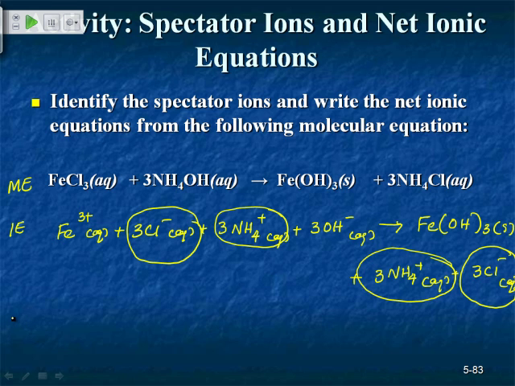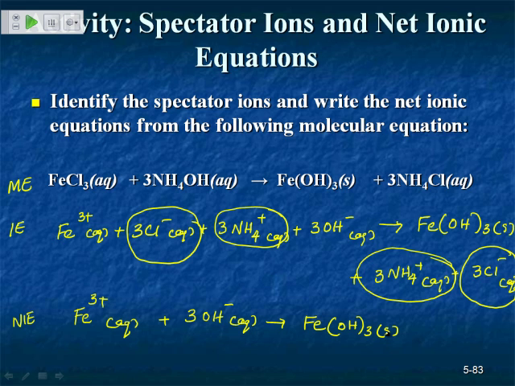So eliminating them will give me my net ionic equation, which would be Fe3+ (aq) and 3 OH- (aq) forming Fe(OH)3 solid.